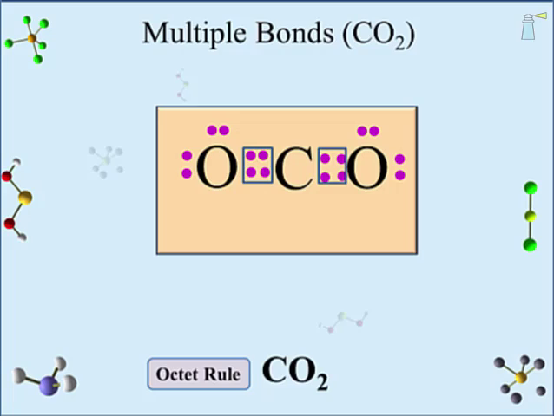A check of the oxygen on the right shows it to have 4 valence electrons in its 2 lone pairs and 4 in the double bond. That's 8 valence electrons. The other oxygen has the same ratio of lone pair and binding pair electrons, so it also has an octet. Is there resonance?